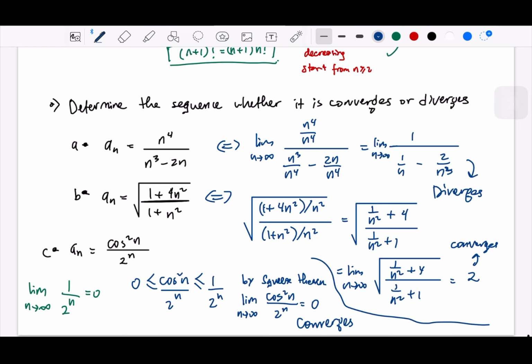Okay, so you need to really distinguish which one is sequence, which one is series. Okay, now let's move to series.